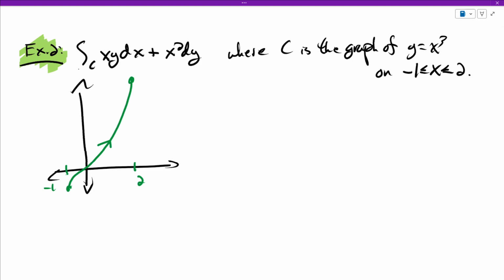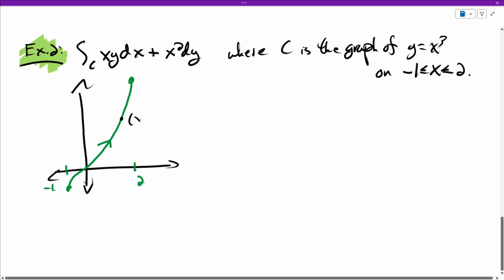Okay, so we want to compute this integral, and in this case we're kind of automatically given the parameterization when it's the graph, although there's a slight step we have to make. So what do points on the graph look like? They look like x, and then the value of y, and y is x cubed.